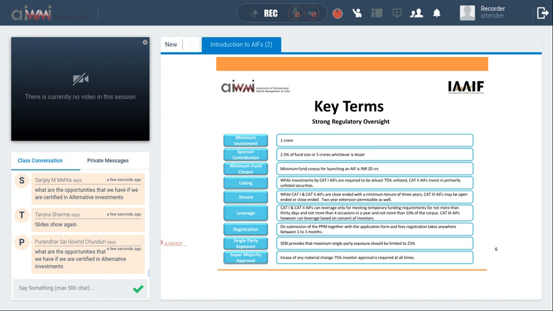Purandar Sai Govind Chundris asks, what are the opportunities if we are certified in alternative investments? See, the AIF segment is a very high growth industry. It has come from zero to about 3 lakh crore of capital commitments over a period of 5 years.